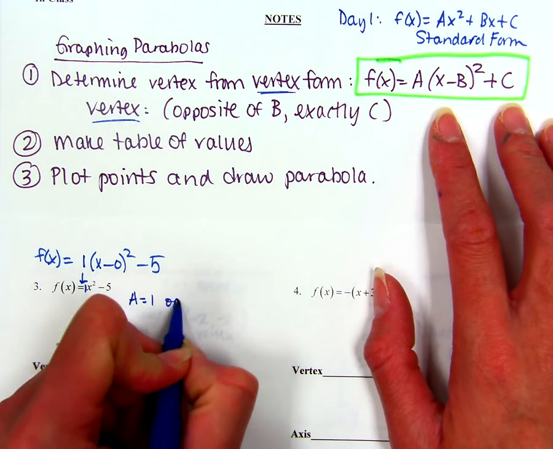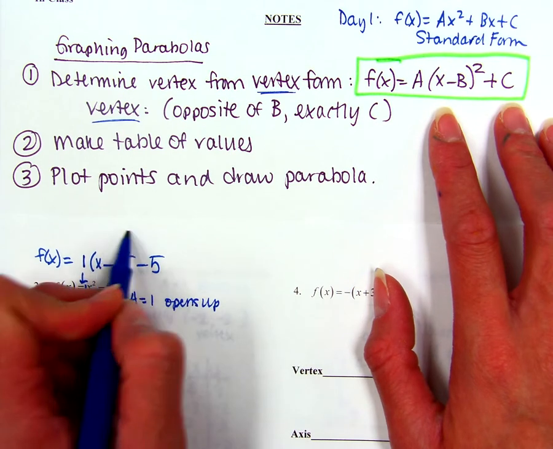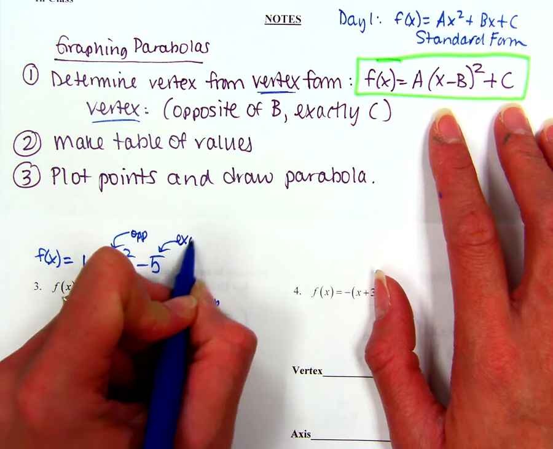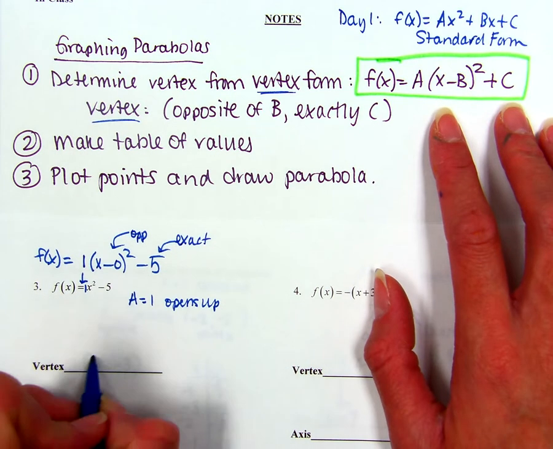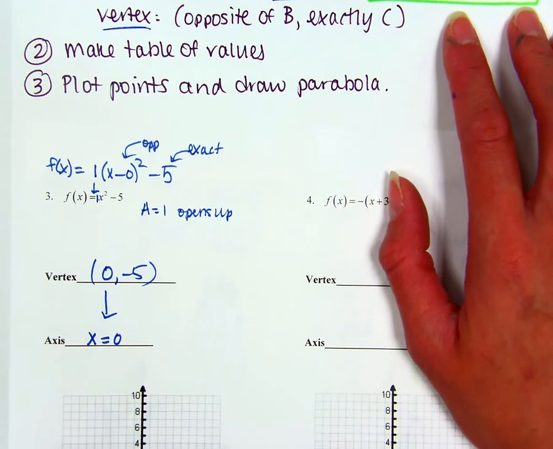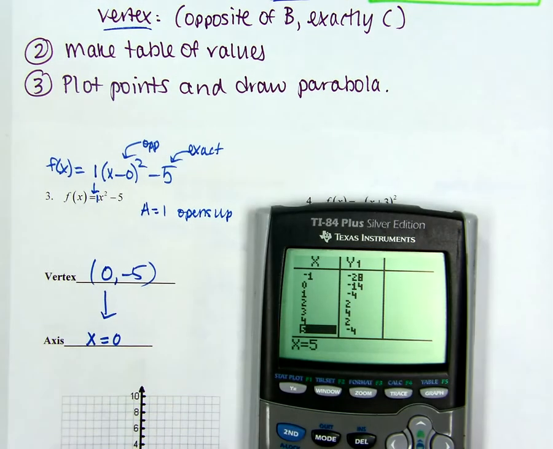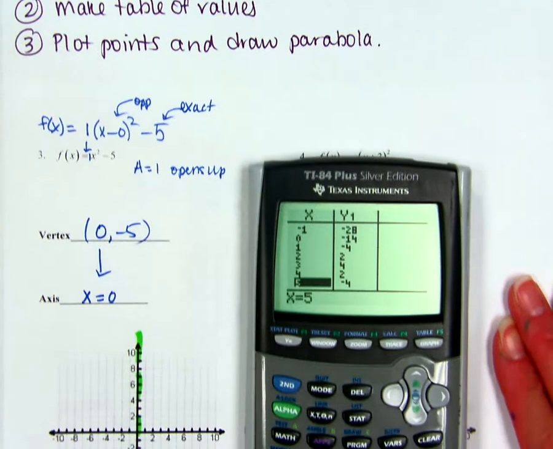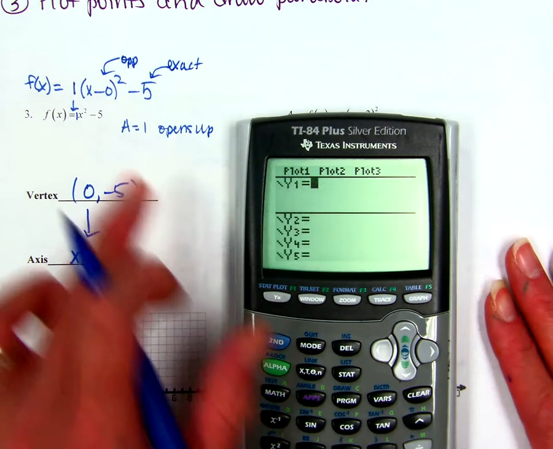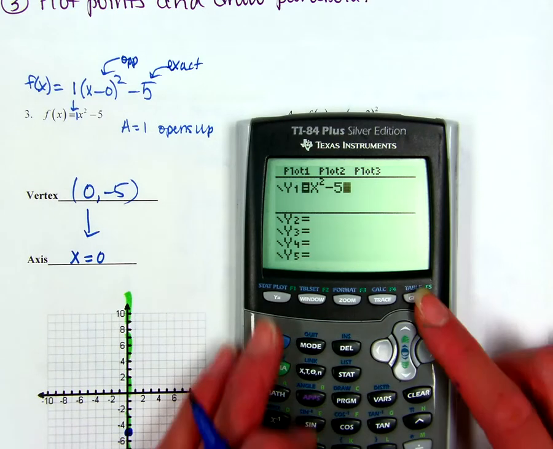So a is 1. That tells me that my parabola opens up. If I look at the opposite of this number and exactly that number, then that tells me my vertex, which should be 0, negative 5. My axis of symmetry is the x-coordinate, so I should be looking at x equals 0 as my axis of symmetry. So I can put a point at 0, negative 5, and there's my vertical line. I'm going to go to y equals. Now I'm just going to type in the original equation, x squared minus 5.